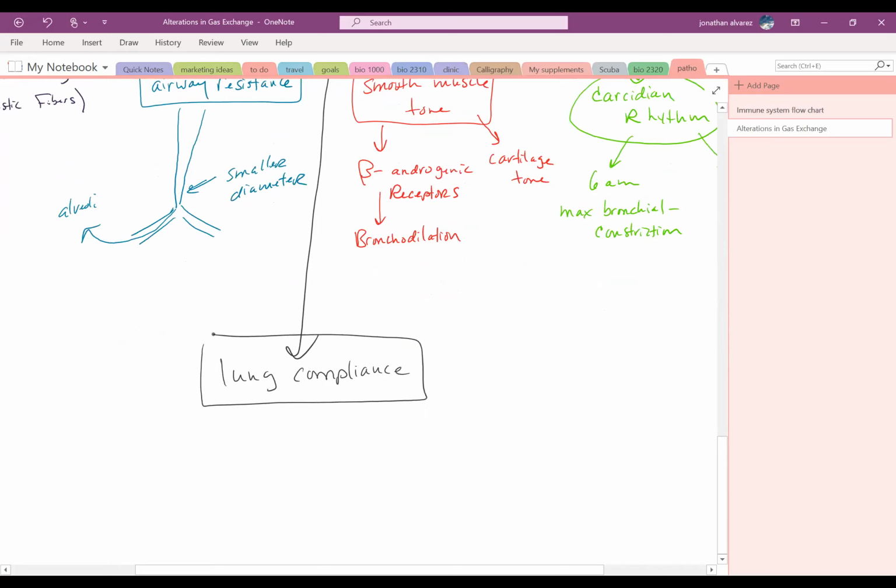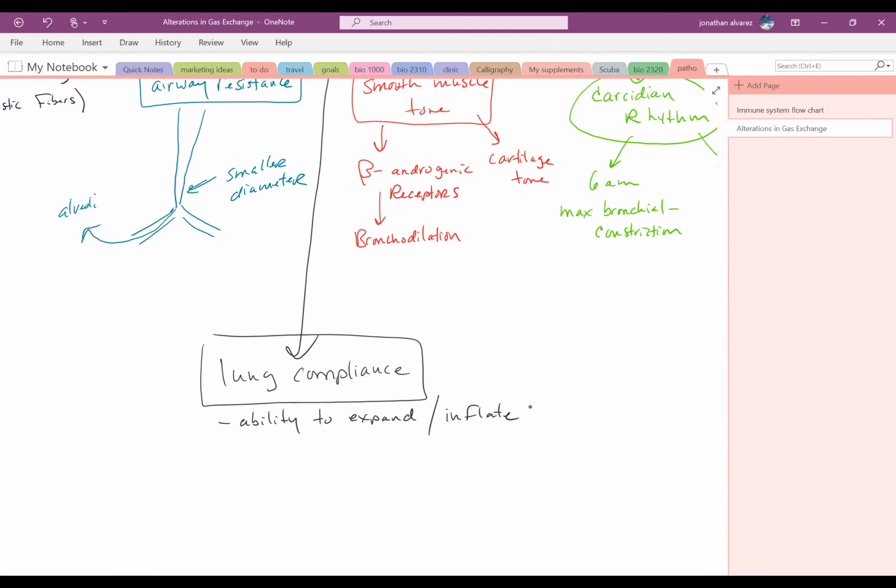Okay. Lung compliance, which is the lung's ability to expand, which means inflate. Kind of like a balloon, right?